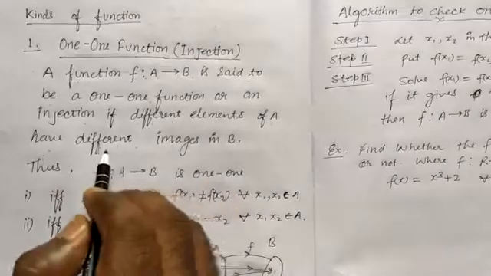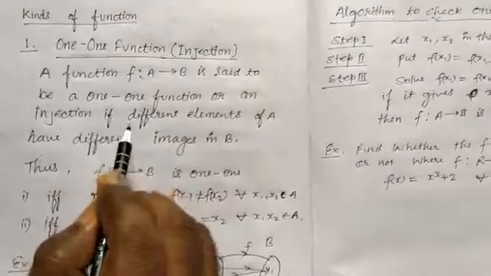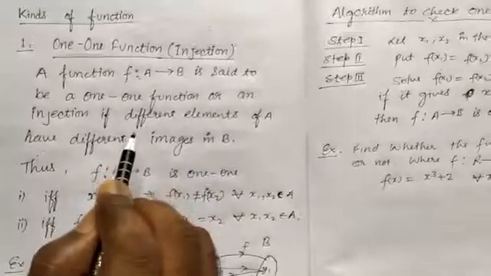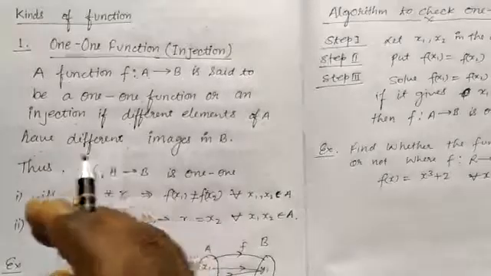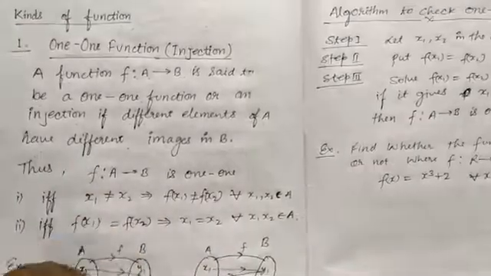The meaning of this statement is that every element has a unique image in set B. Different elements have different images.